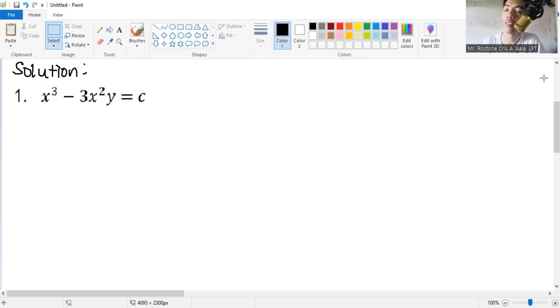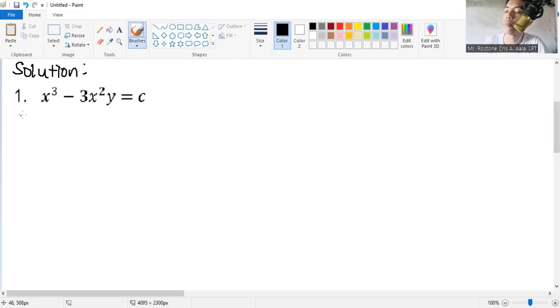Kumbaga, i-differentiate natin yung x and y simultaneously. Ganon din ang constant. So, always remember that in this equation, the independent variable is x and the dependent variable is y. So it means that we are differentiating with respect to x.